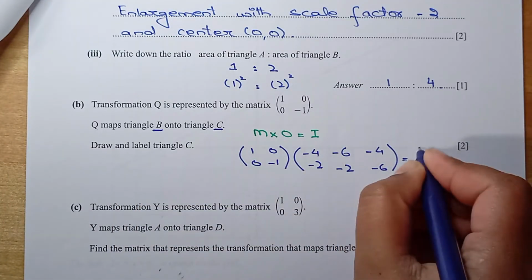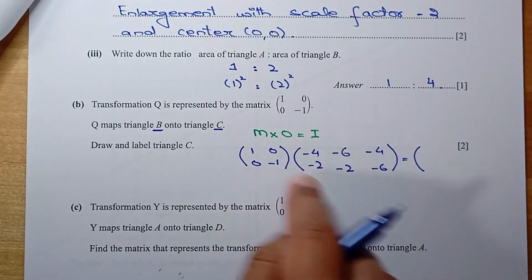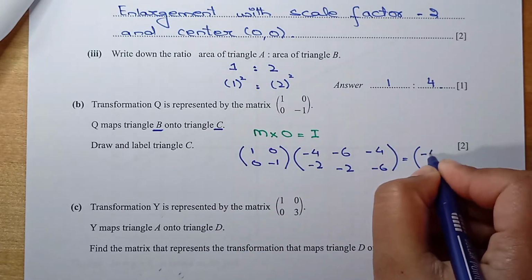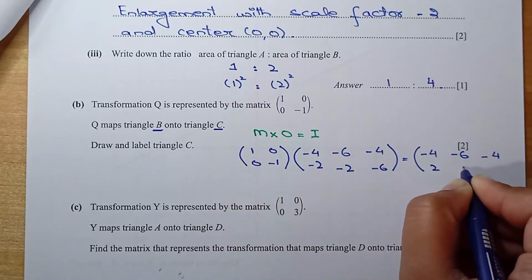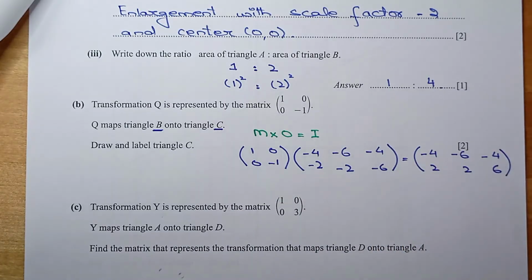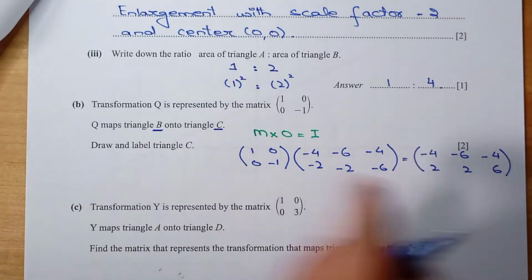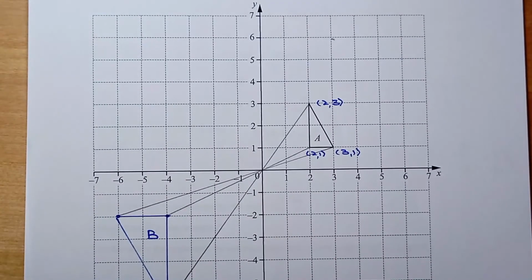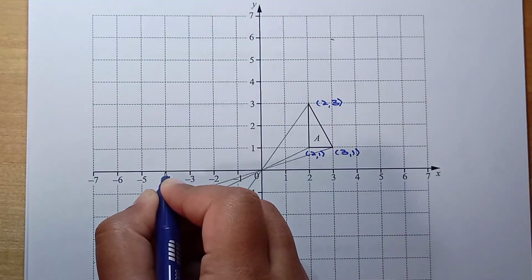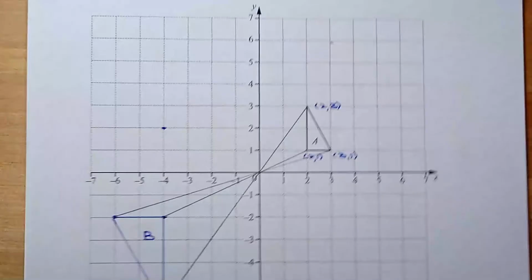Okay, so let me find. Rows are going to multiply with the columns. So we have -4, -6, and -4. And here we have 2, 2, and 6. So these are the coordinates for the triangle C. So we need to label this triangle C, -4 and 2. Going back to the grid, where is -4 and 2? X is -4 and the y is 2, this point.